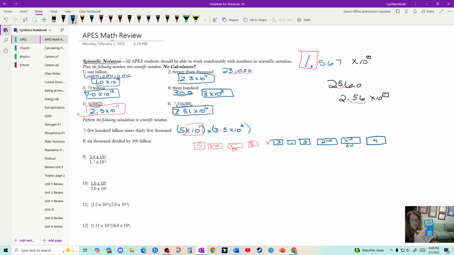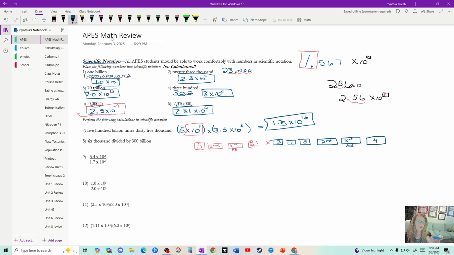So if you put all these numbers in here in that order up there, you're going to get an answer of 1.75 times 10 to the 16.